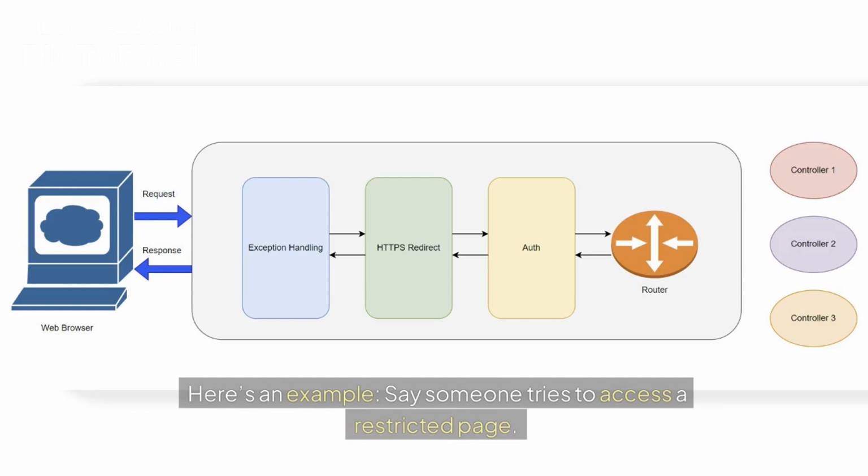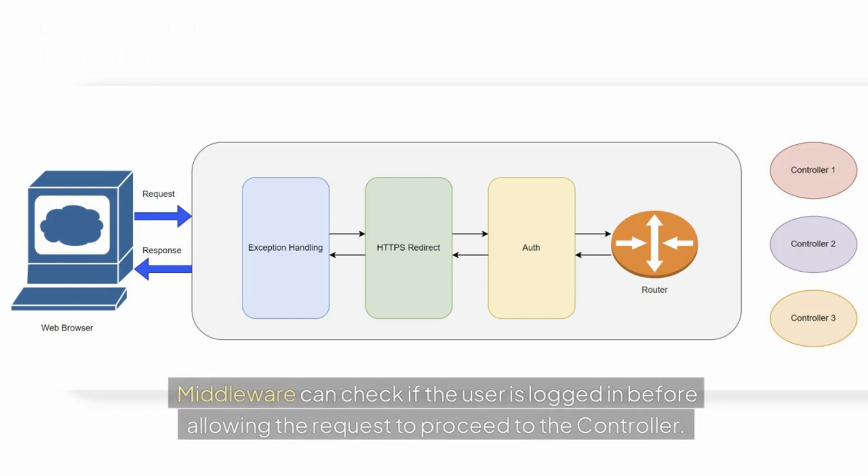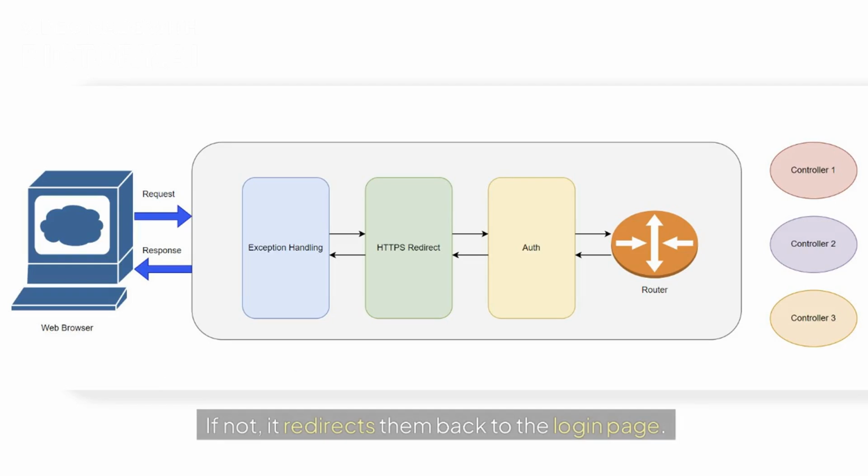Here's an example, say someone tries to access a restricted page. Middleware can check if the user is logged in before allowing the request to proceed to the controller. If not, it redirects them back to the login page.